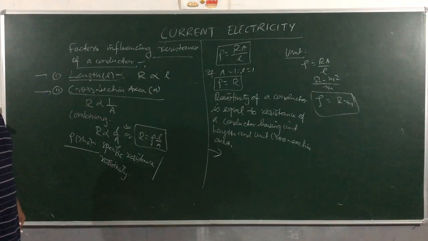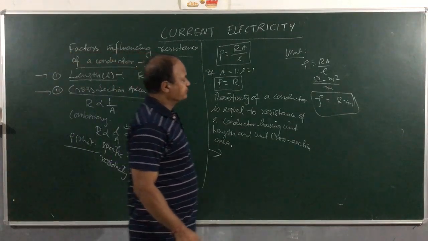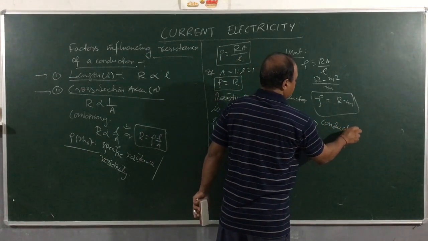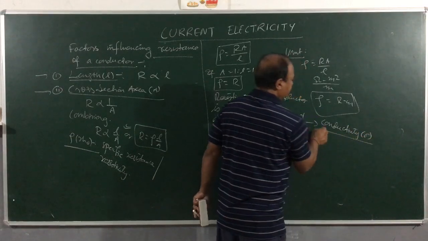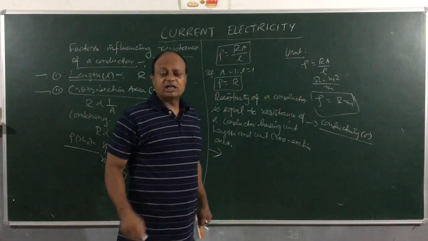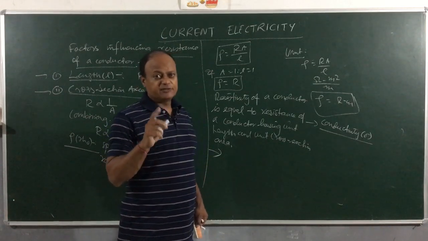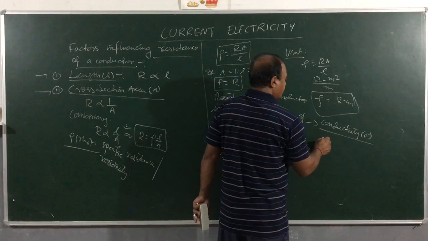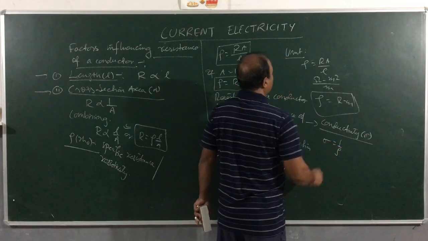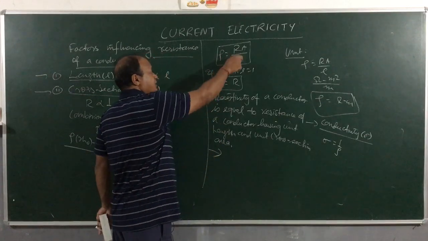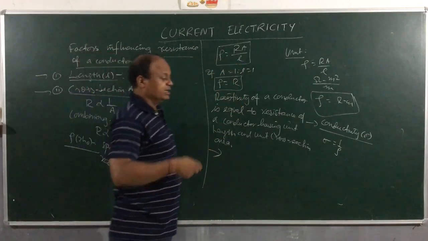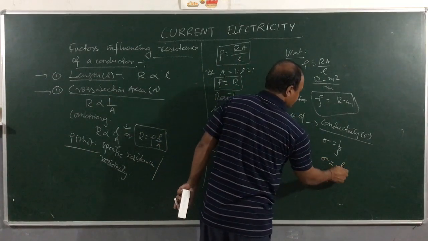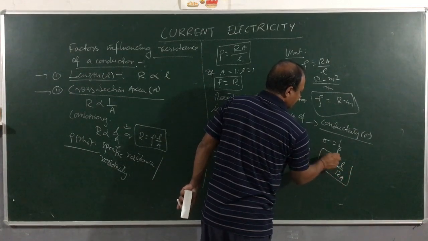Now there is another term that we use, it is called conductivity. Conductivity, we denote it by sigma. Conductivity, children, is defined as reciprocal of resistivity. Conductivity sigma is equal to 1 by rho, and rho here we already know, R into A by L. So if you take its reciprocal, sigma will be L by R into A. So this is sigma.